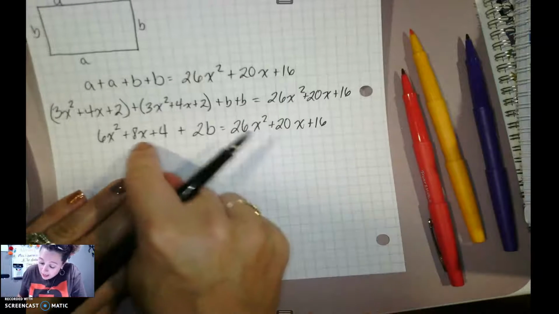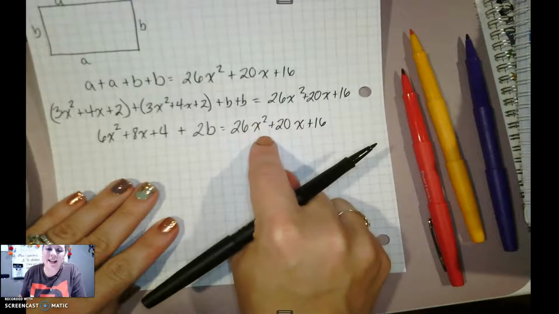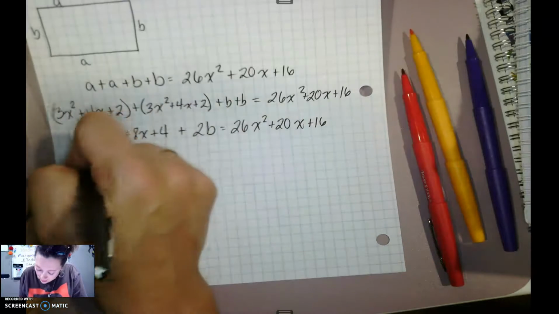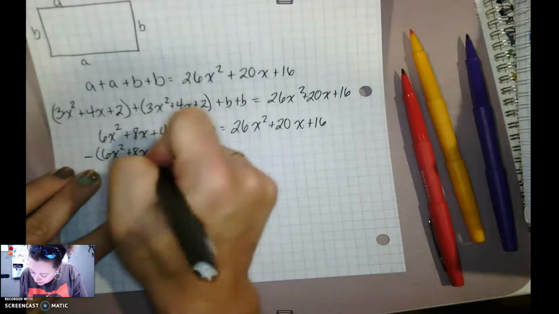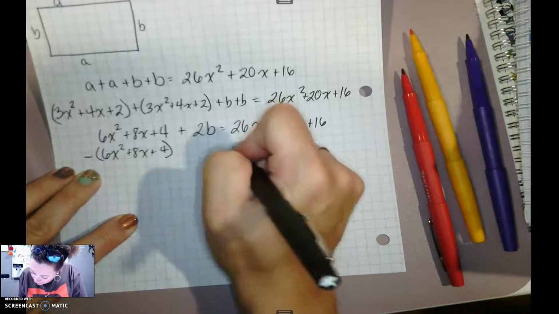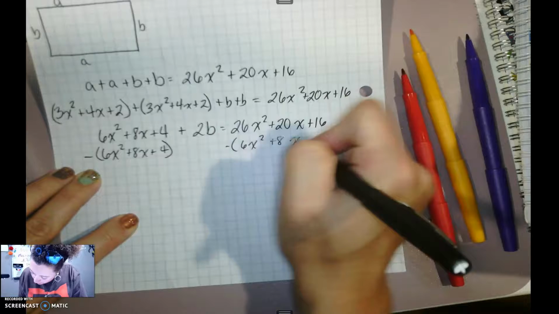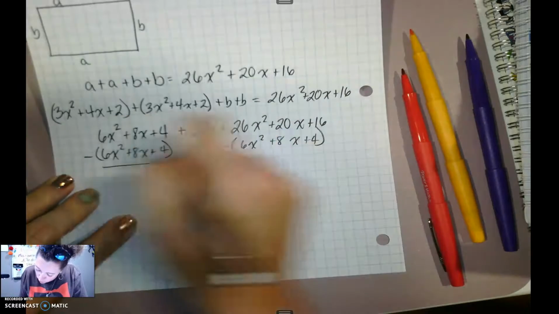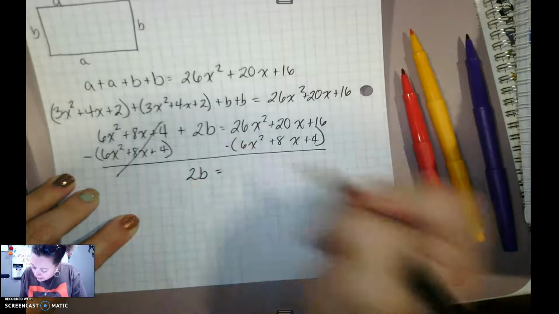All right, so if I remember how to solve an equation, I need to take this from this side. Here's where the subtraction is going to come into play. So I'm going to subtract all of this from each side to get my variable by itself, our variable being B. We're trying to solve for B. So those cancel out, and we're left with 2b on that side.